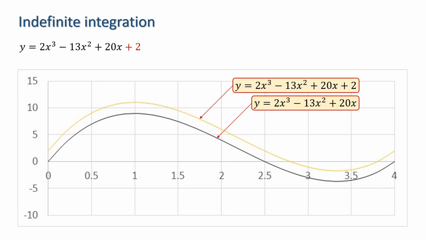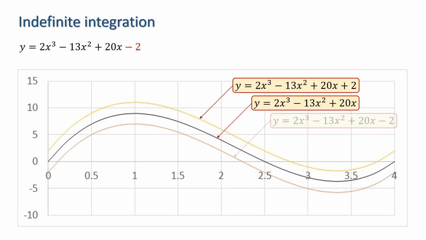Now, as an example, let's look at the same function with a constant 2 added to it. We again get dy by dx equals 6x squared minus 26x plus 20. Similarly, if we subtract 2, we have this function, which again gives us the same derivative.